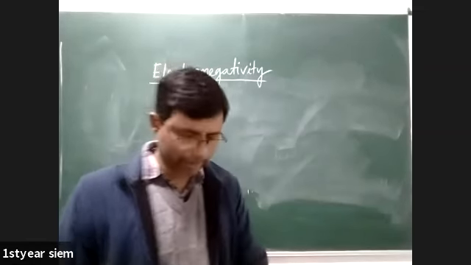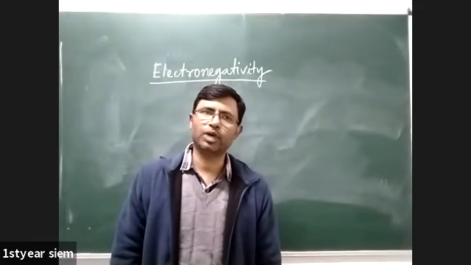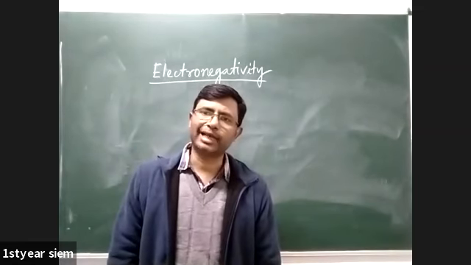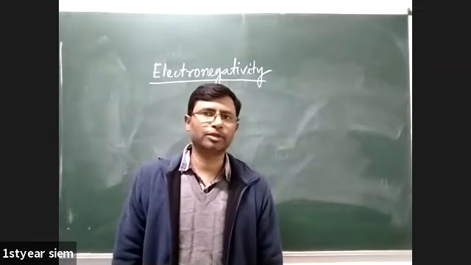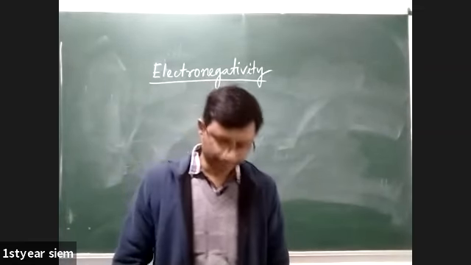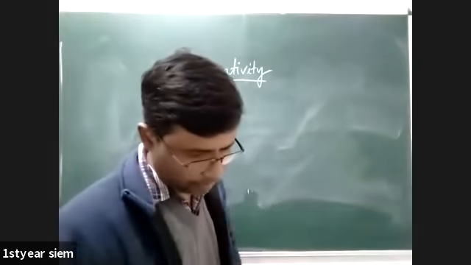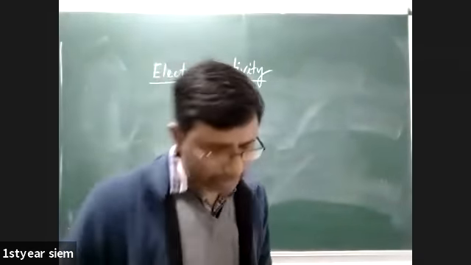Actually, electronegativity is a qualitative property, but different scientists have given different formulas for the measurement of electronegativity of an atom. So we will discuss those formulas. First, the Pauling scale of electronegativity.